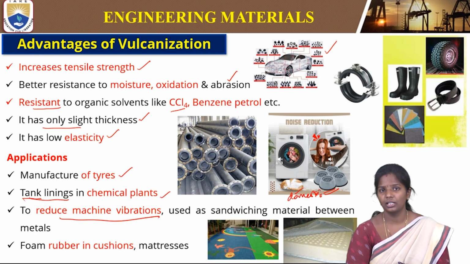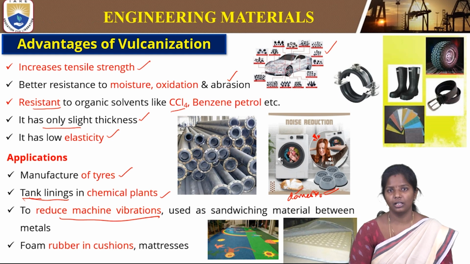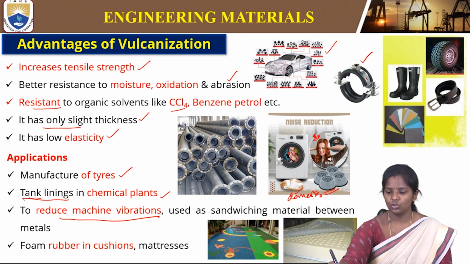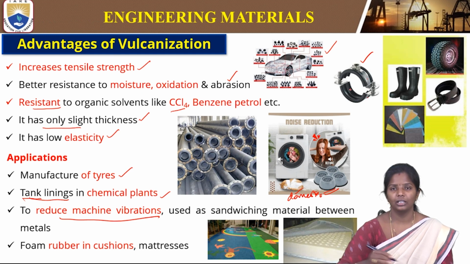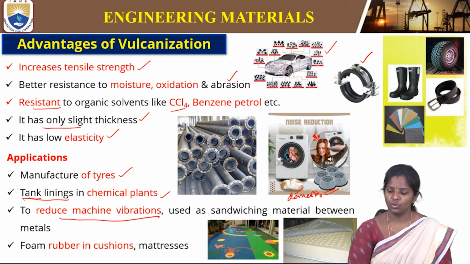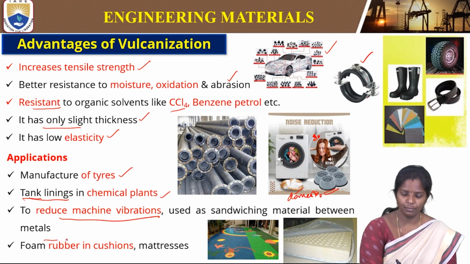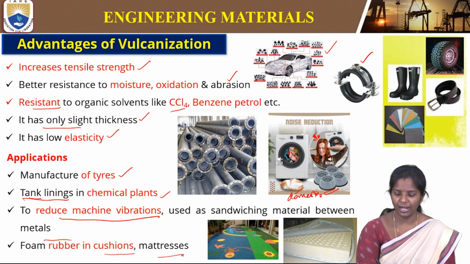In industries, when two metal parts are used in clamping, for example these clamps, these two are metal parts. In between we can use this rubber so that no stress is applied on that metal part. That reduces the stress and strain, and the noise is also reduced. Then foam rubber is used in cushions and mattresses.